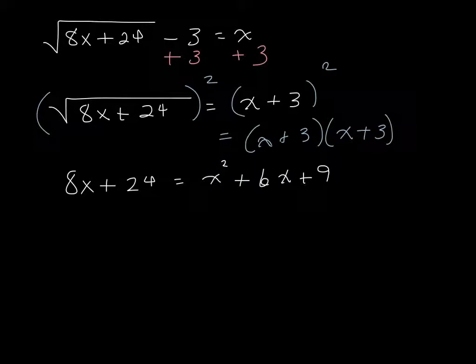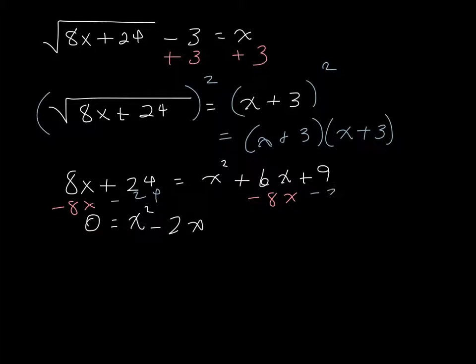Now, whenever you have a square or any bigger exponent, you're going to need to set this equal to 0 to solve for your variable. So I'm going to subtract 8x, and that gives me negative 2x, and I'm going to subtract 24, and that gives me negative 15.